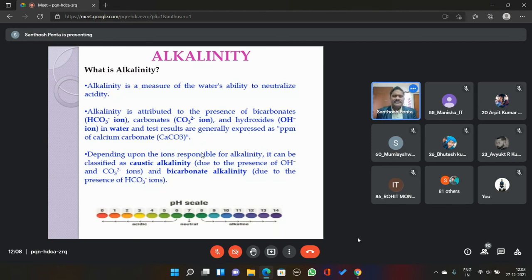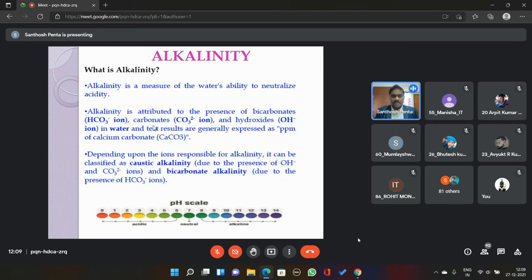Or otherwise, what is this, sir? I'm not getting it. Yes, this may be your doubt. See what I am saying. Alkalinity is nothing but, in another terminology, increased alkaline substances. Step by step we will discuss which ions are responsible for the alkalinity.